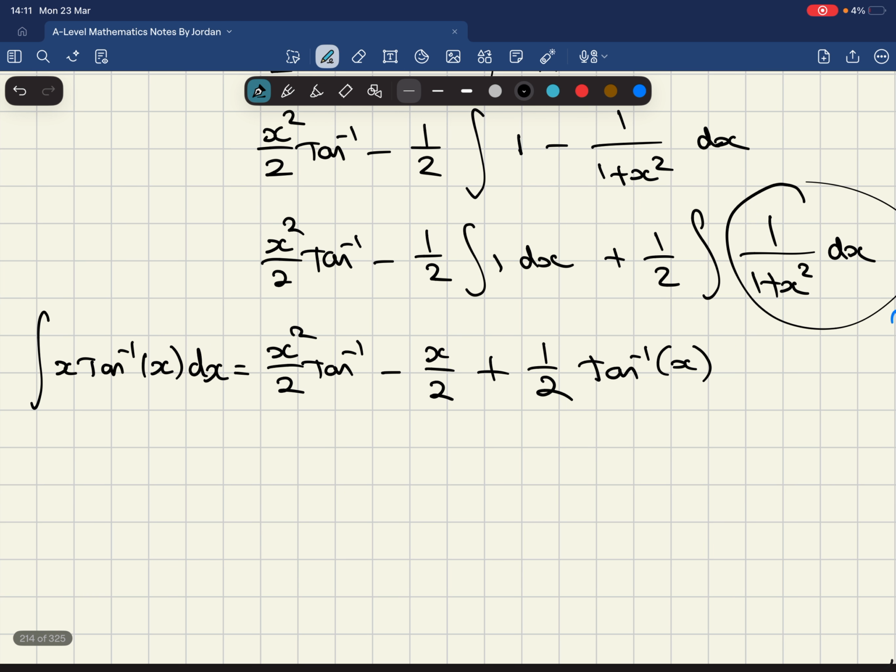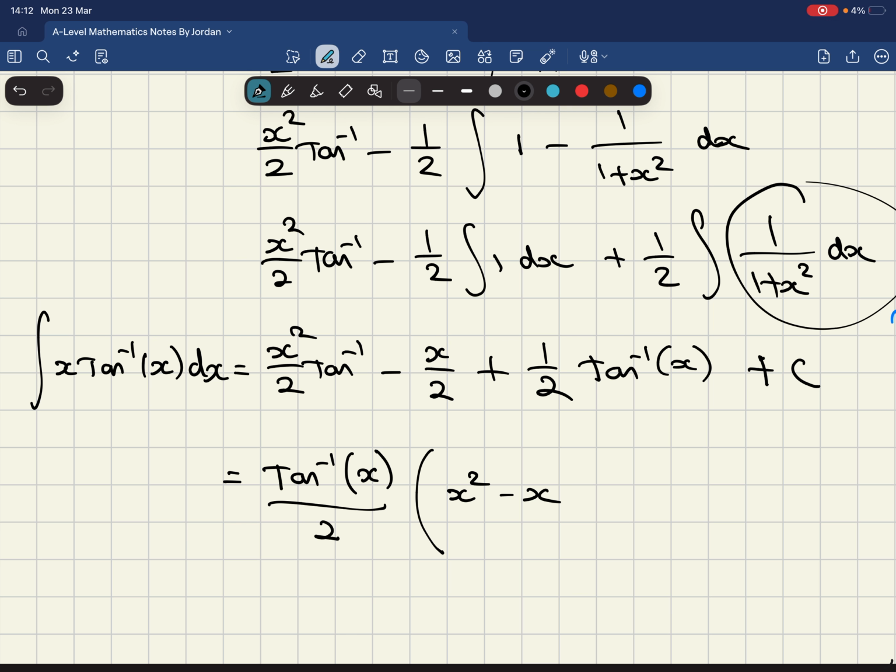Okay. Let's see if there's anything else I want to do. Probably just take out that inverse tan of x. I'll just put plus c there for now. So let's take that out, inverse tan of x. I can see all the 2's at the bottom as well. Let's do that. And then let's just write what we have left. So x squared, then we've got minus x there, and then plus 1. Oh, sorry, don't listen to me.